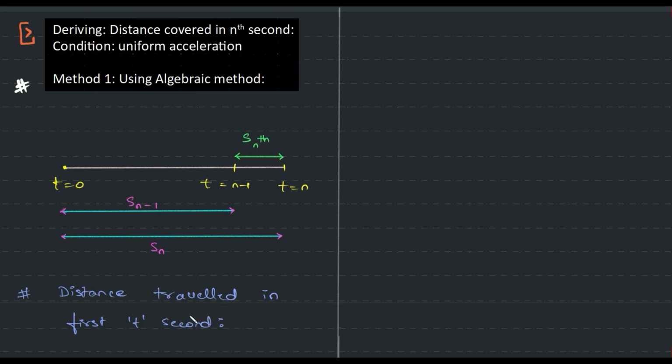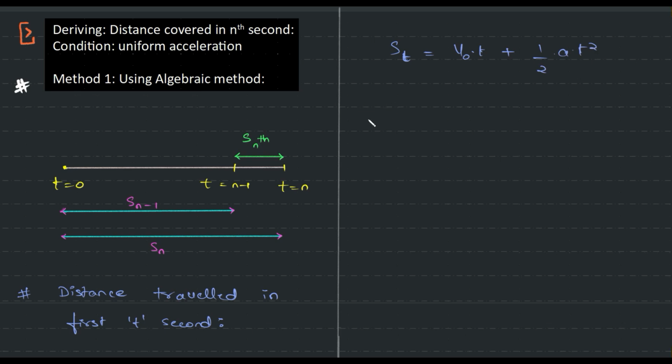So what is the funda over here? We'll just figure out the distance the object has traveled in general, substitute n minus 1 and n, and subtract them. As simple as that, right? We are trying to get a general expression. So this is nothing but your s, say t. This is how we can represent it: v naught t plus half a t square. This we already know of.